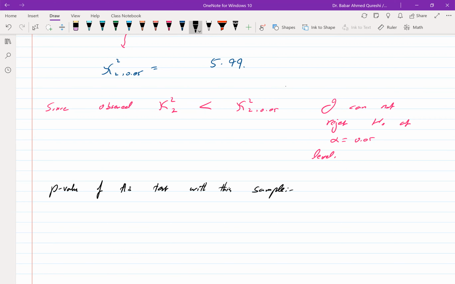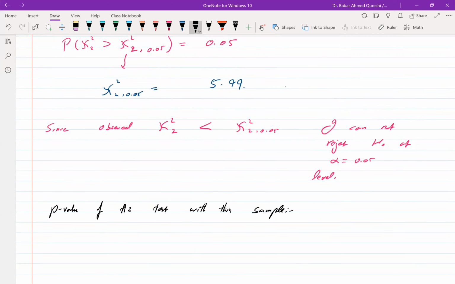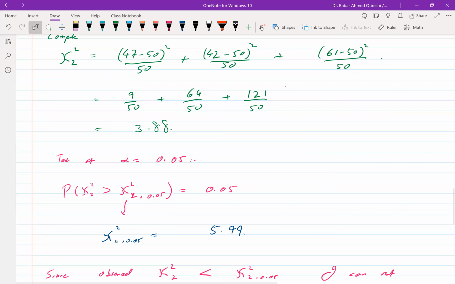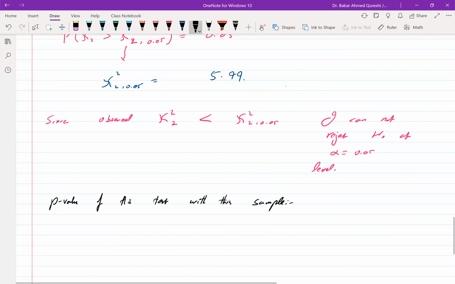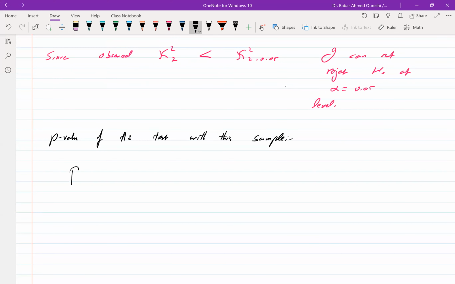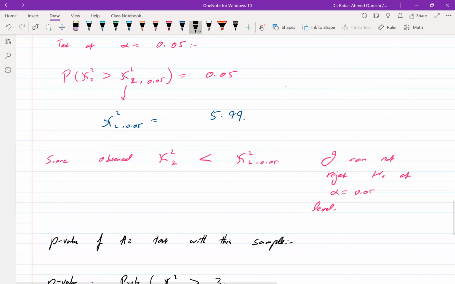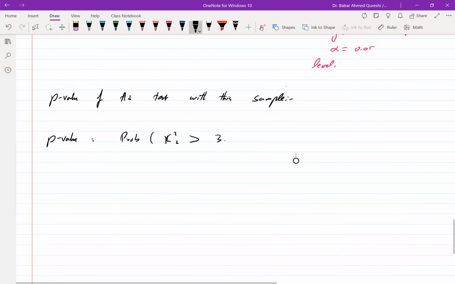So that means I have got this number and I have to see what is the probability. P-value would be simply the probability that chi-square with 2 degrees of freedom is greater than my observed value.